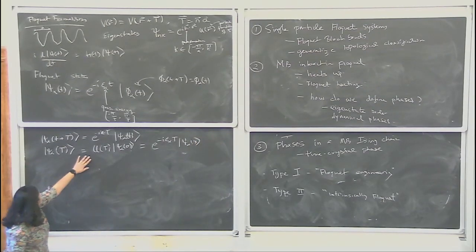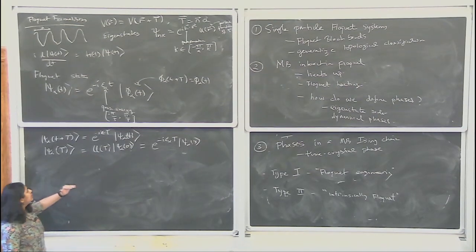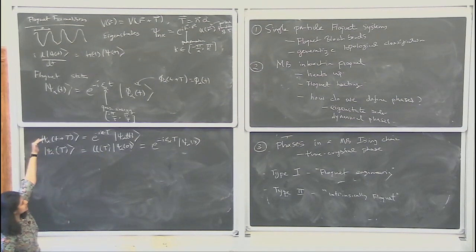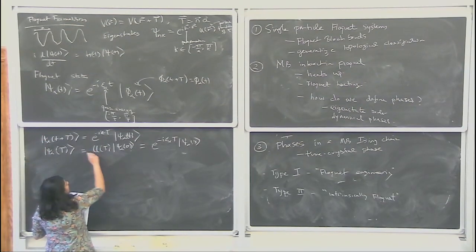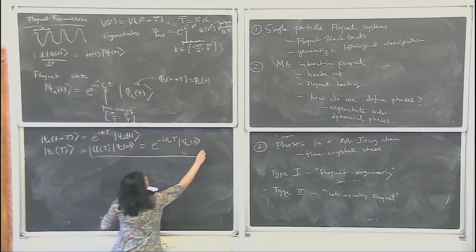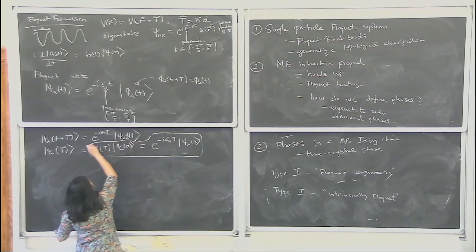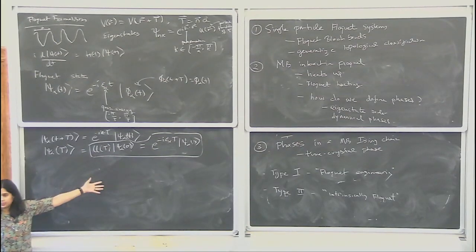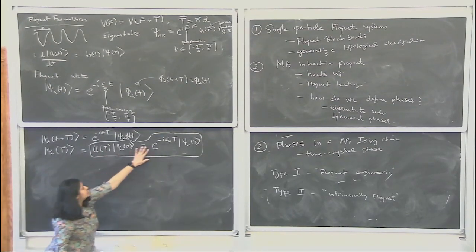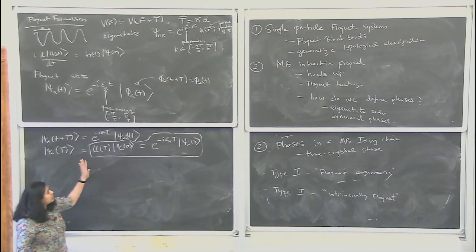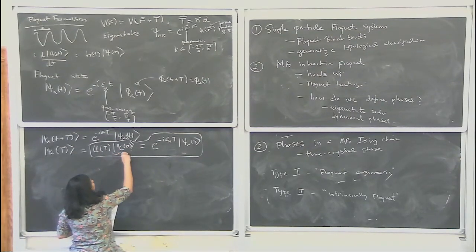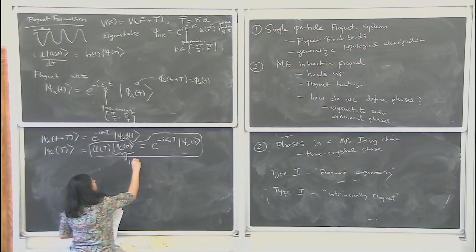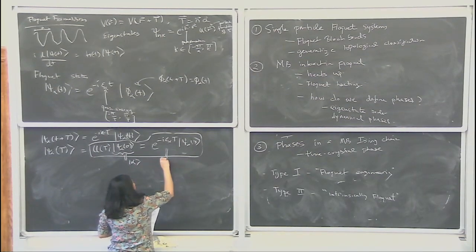Okay, so in particular, what this means is that the Floquet eigenstates can be defined in terms of the eigenspectrum of U of T, which is the time evolution operator over one period. Okay, so you can see that this is an eigenvalue equation. So these eigenstates of U of T we can denote by alpha, and the eigenvalues are phases.